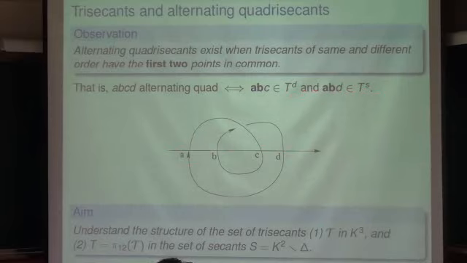So now we can do some math. What we're going to do is think about trisecants, which I'm calling script T, in triples of points on the knot. So I can think about the knot, cross the knot, cross the knot, and look at the set of trisecants there. And then I can think about the set of secants and the subset, which is the set of trisecants.